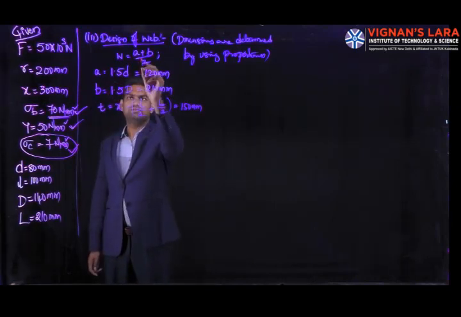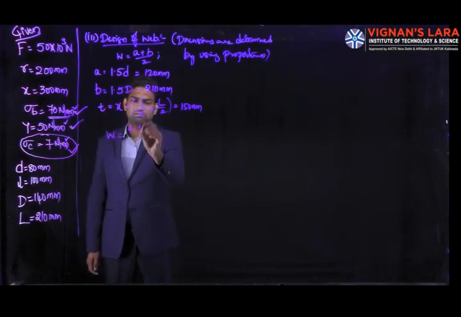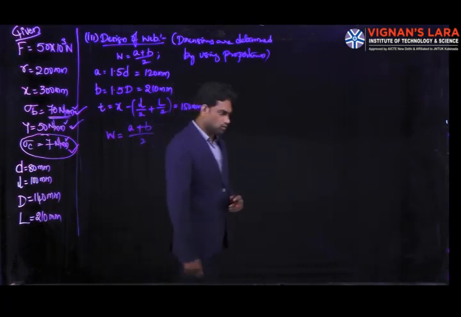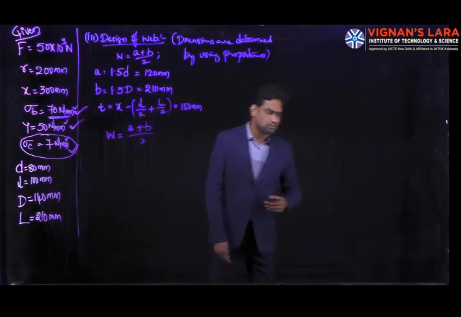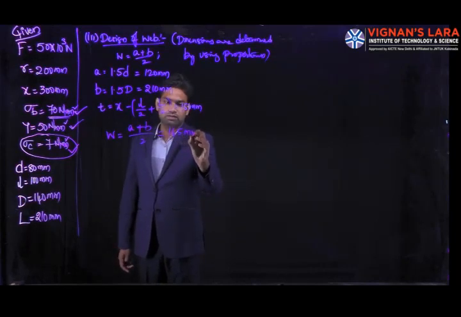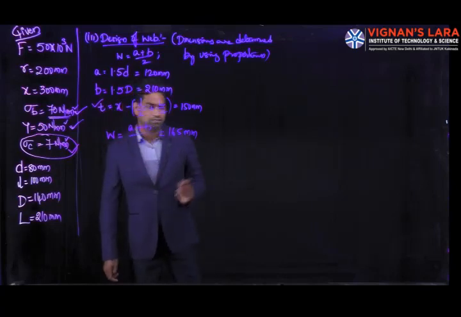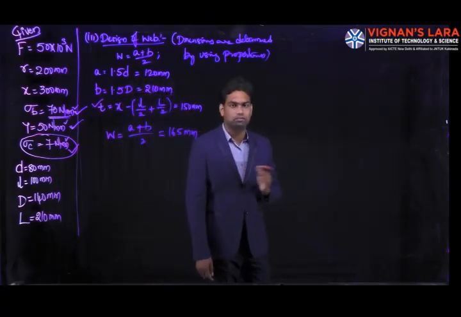And the width: a and b are known, so the mean width is calculated as (a plus b) by 2. We need the mean width for checking the induced stresses in the cross section. Its value is 165 mm. Clear? So these are the two dimensions: one is the thickness of the web.